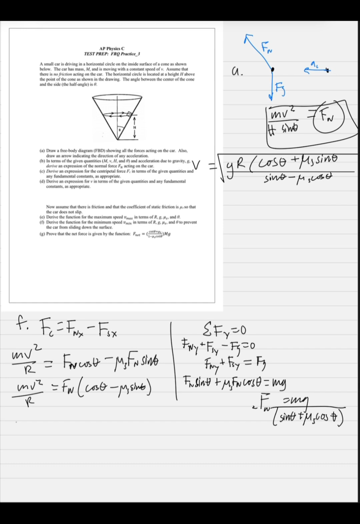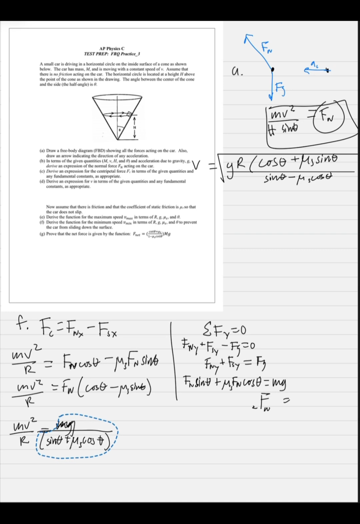So we'll plug it back into our original equation. The m cancels out. And then we'll bring the r back up. And then we'll square root both sides.